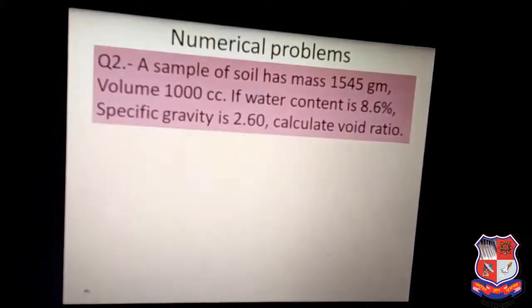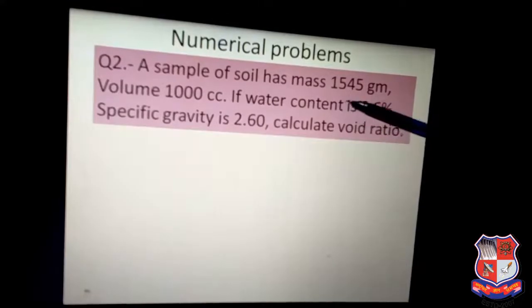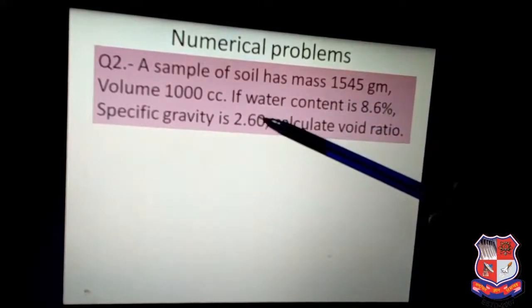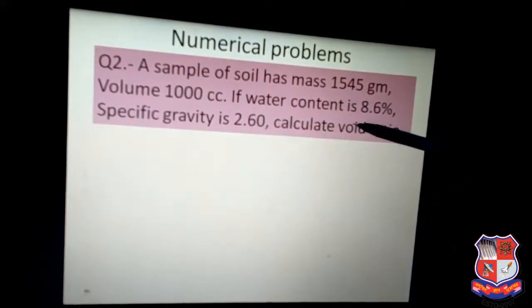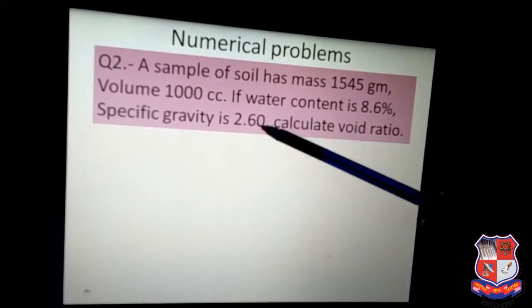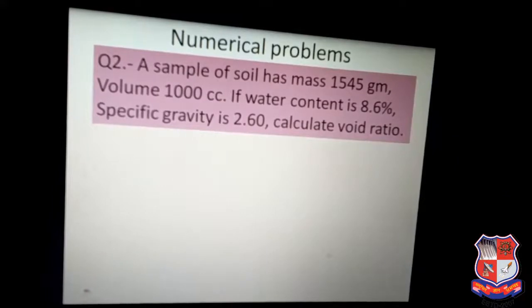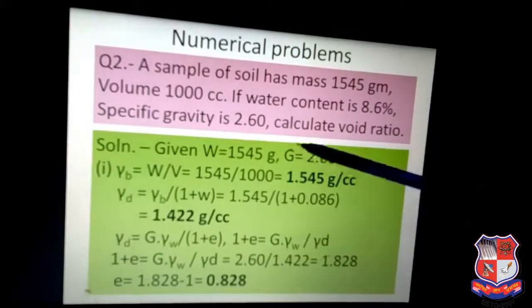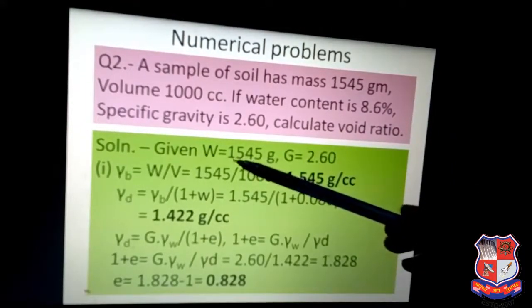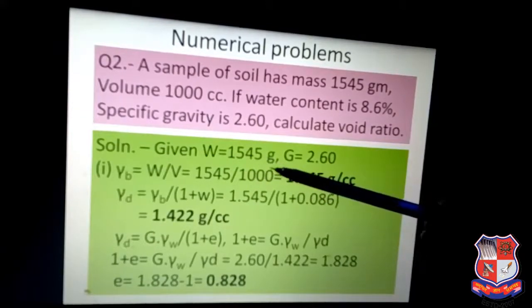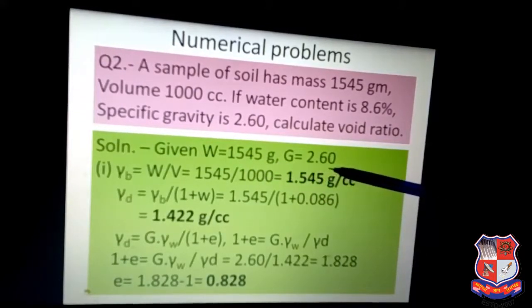The second numerical is: a sample of soil has mass 1545 gram, volume 1000 cc, water content 8.6%, and specific gravity 2.6. Calculate the void ratio. So begin the solution. We have given the total weight W equal to 1545 gram and G 2.6.